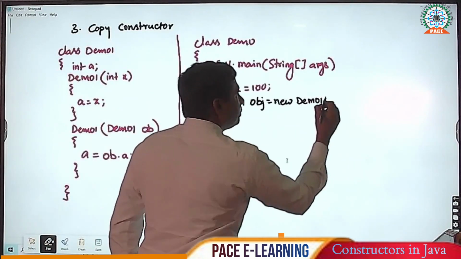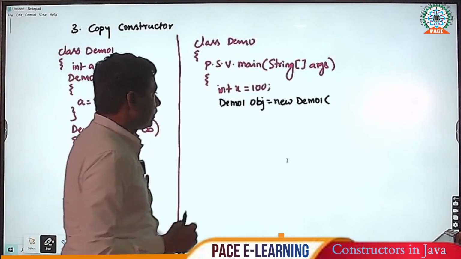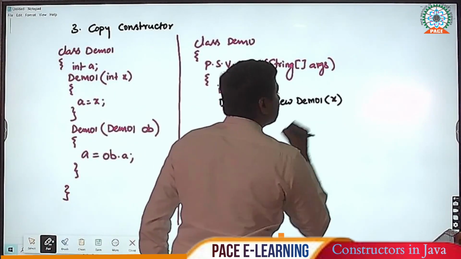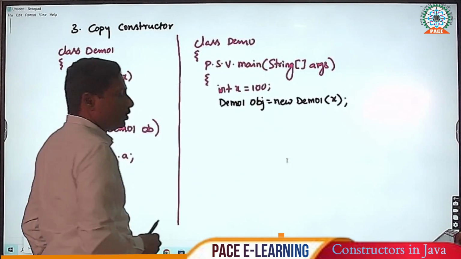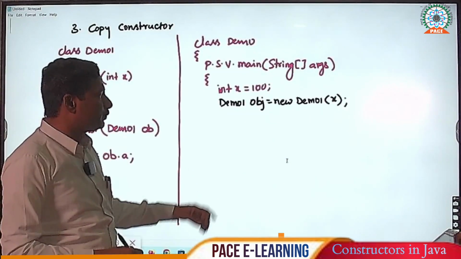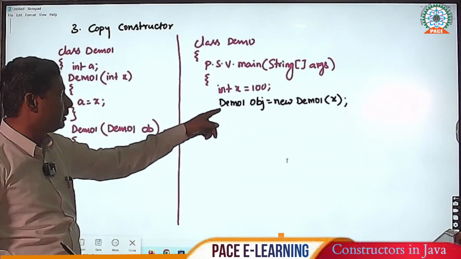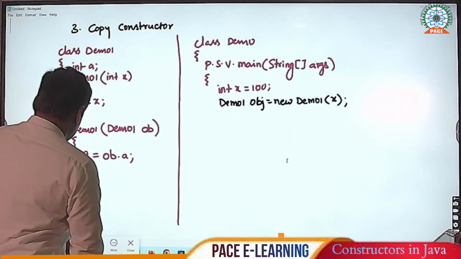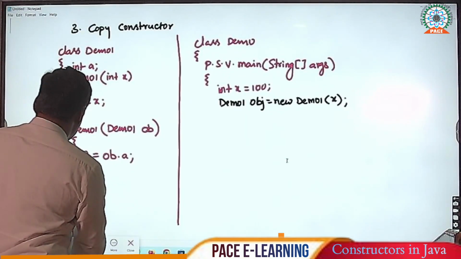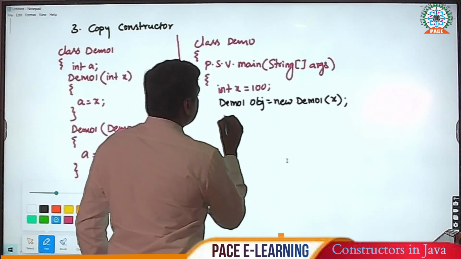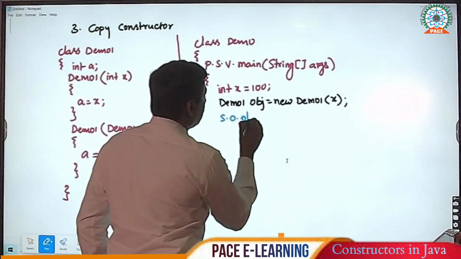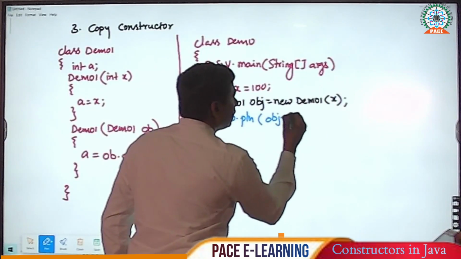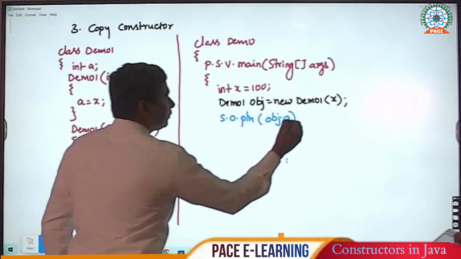When I am creating the object, like our previous example, I am passing x as parameter. Already all of you know what happens when I am passing x as a parameter. In my previous example, I clearly explained what is happening. Here I am trying to print a value. System.out.println of obj.a.